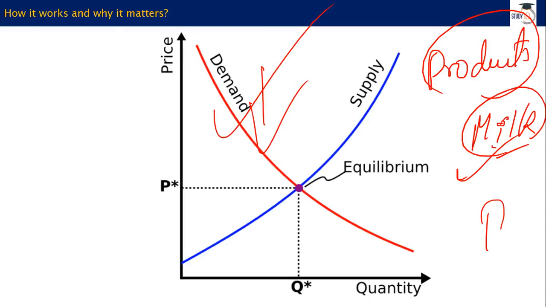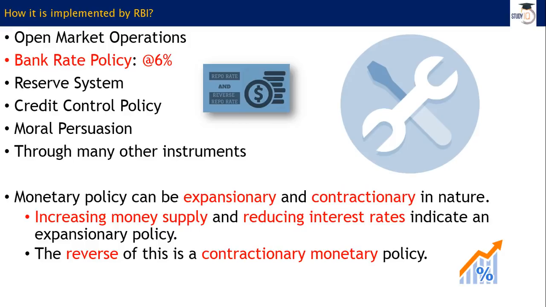So now let's move on, and let's see how this is implemented. What are the tools in the hands of the RBI through which it can control the interest rate and the money supply? As you can see on your screen, there are many things. You have open market operations, you have bank rate policy, on which we are going to have a detailed discussion.